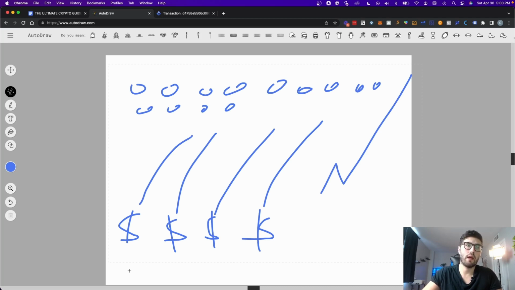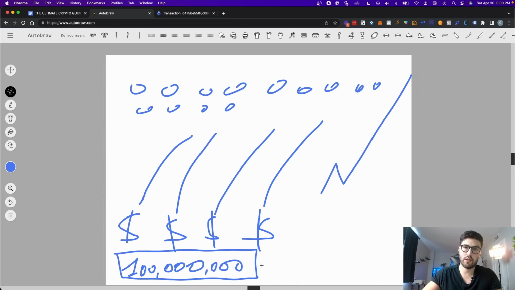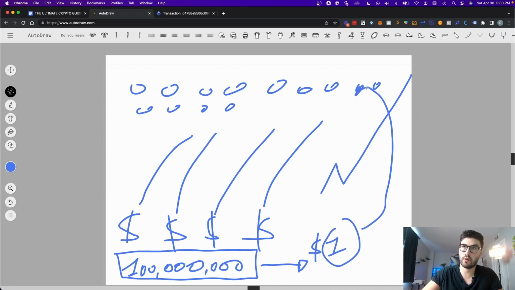So if a token has, let's say, 100 million tokens of supply, in order for this token to reach $1, $100 million will need to flow into this token to reach $1, okay?